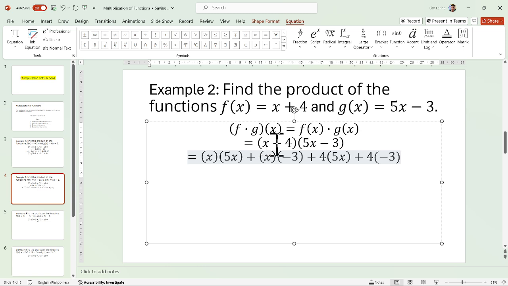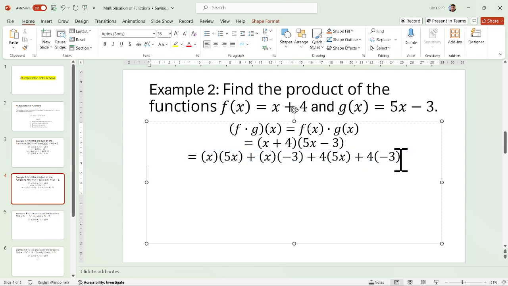So again, each term of our first expression will be multiplied to each term of our second expression. So we have x times 5x, x times negative 3, plus 4 times 5x, and then 4 times negative 3.